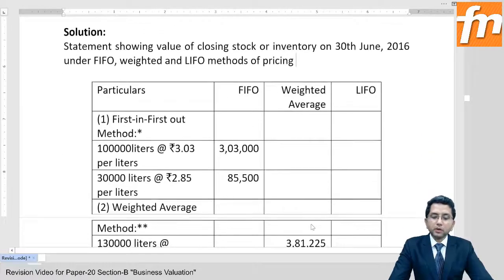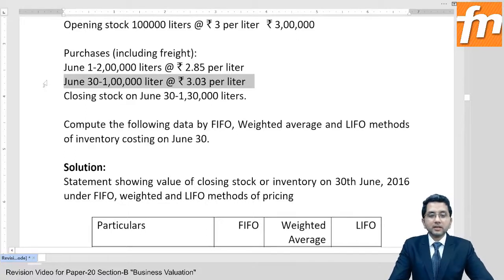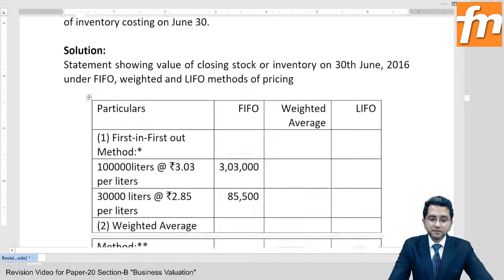Look here, if I'm following FIFO, then this 1,30,000 unit is the latest purchase. So 1 lakh unit should be valued at 3.03 and remaining 30,000 units should be valued at 2.85.